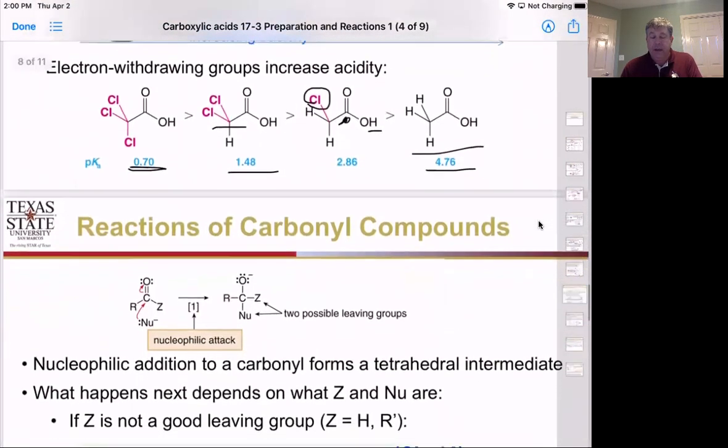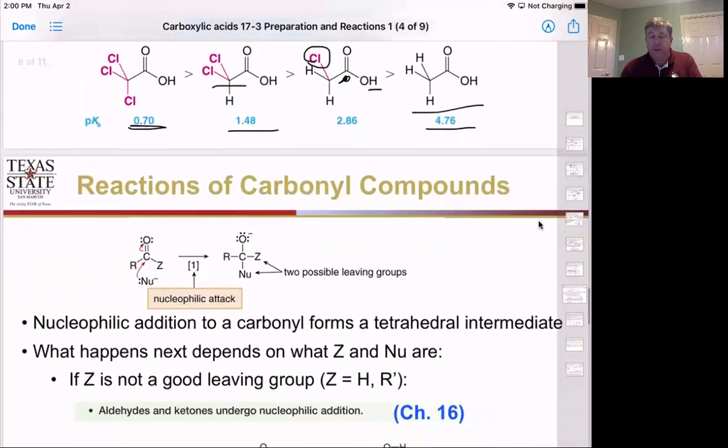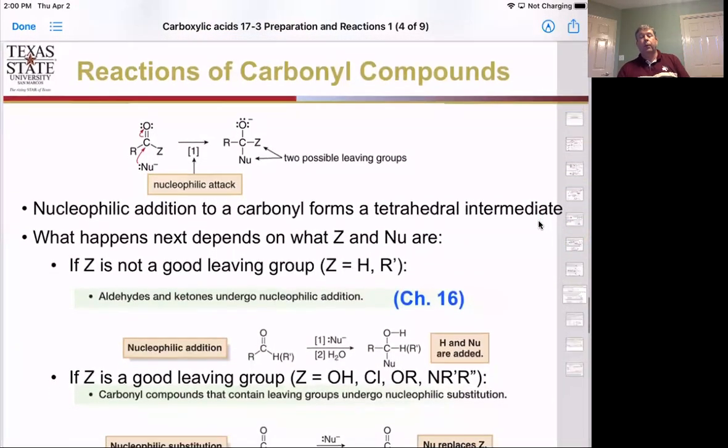Okay, so now let's talk about reactions we can do. There's a carbonyl in the system, and so we can actually do some reactions with that. As we've done with aldehydes and ketones, we've done a nucleophilic addition to the carbonyl. The reason this works is that once we get our nucleophilic attack, we can either have our incoming group leave or our outgoing group leave.